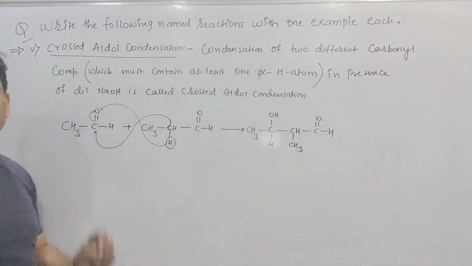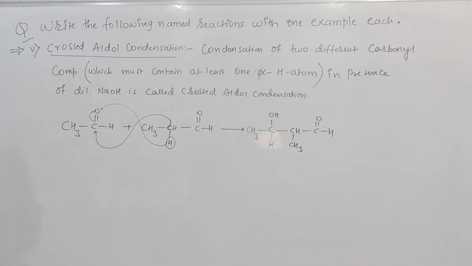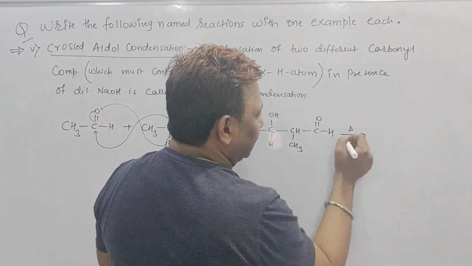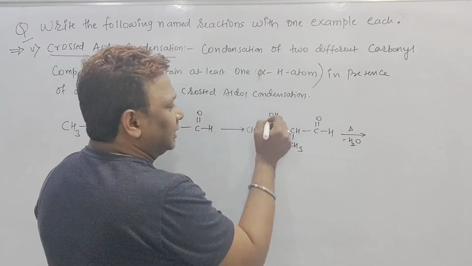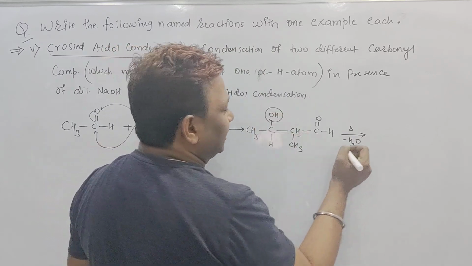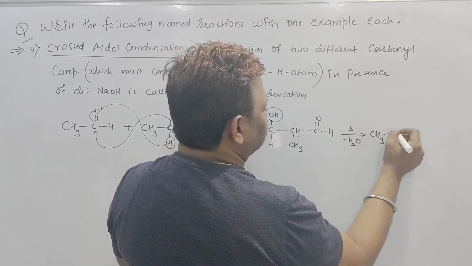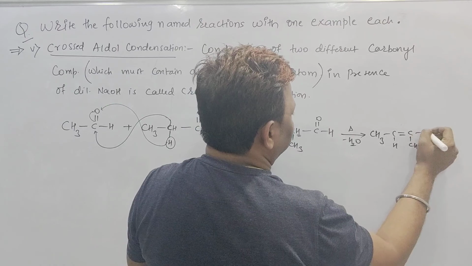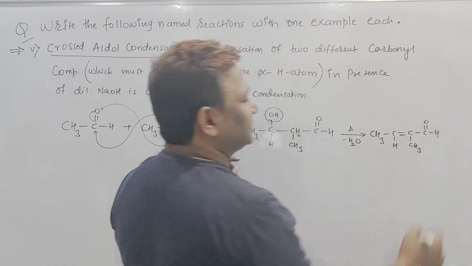This is one of the products I got. Now, if you do the condensation of it, on heating it will take out a water molecule. OH goes from here, H goes from here. Then I will get CH3, CH, double bond, C, CH3, C double bond OH.